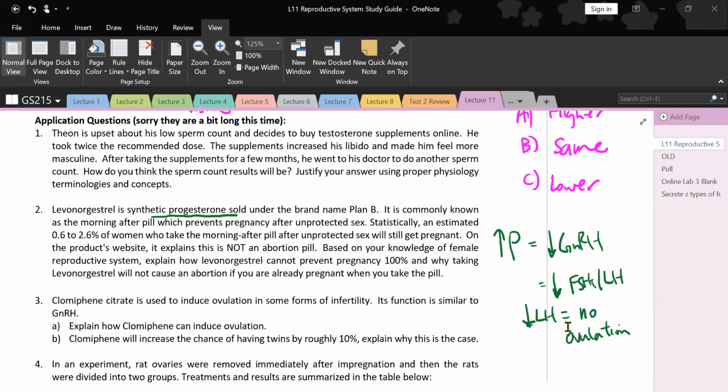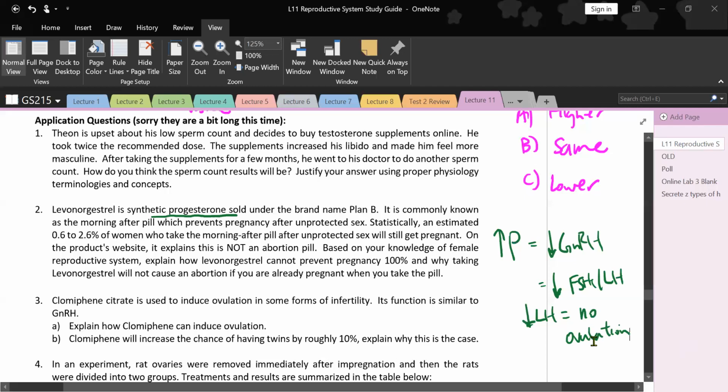But if ovulation already occurred when the person had the unprotected sex, taking this medication will not reverse the process. The egg is already in the fallopian tube, right? You cannot prevent something from happening if it already happened. So even if you take it, if you already ovulated, there's still a chance that you might get pregnant. So it's not a 100% guarantee.